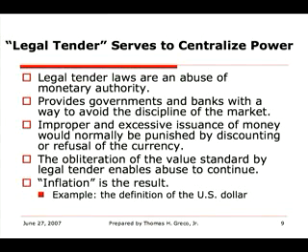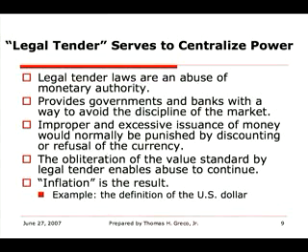Let me just give you a quick example, going back to that previous slide. When the United States government was first founded after gaining independence from Britain, there were certain elements within the founding fathers, Alexander Hamilton and his cohorts, who tried to replicate the Bank of England central bank model in the United States.